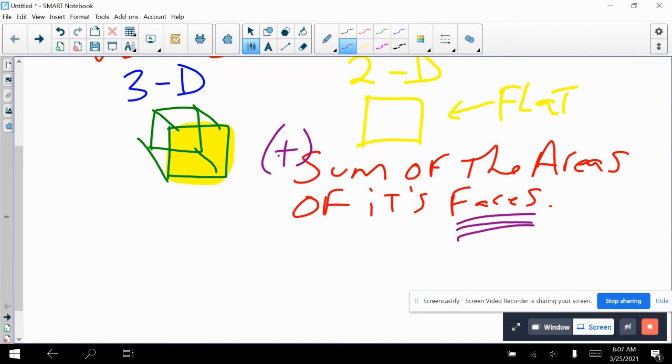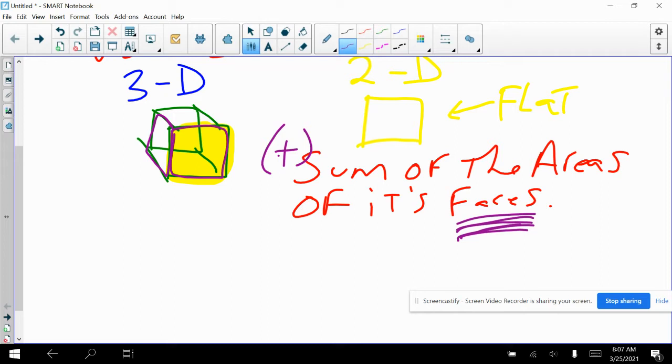What does that mean? What are faces, Grayson? Okay, the sides. All the flat pieces that we call two-dimensional, when you put them on a 3D figure, are called faces. They are also called polygons, but since they're all connected, we're going to call them faces.